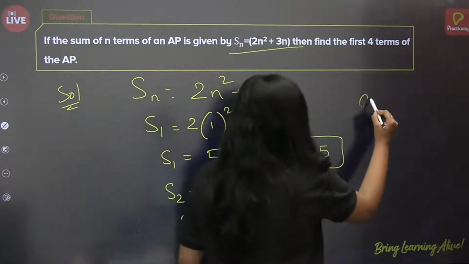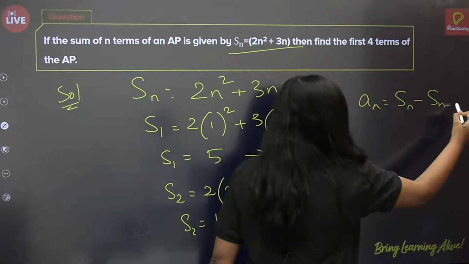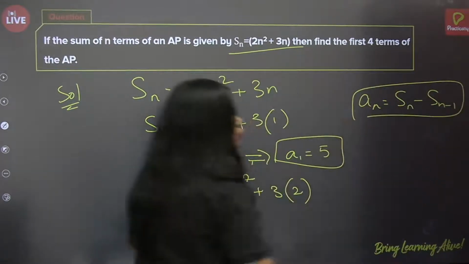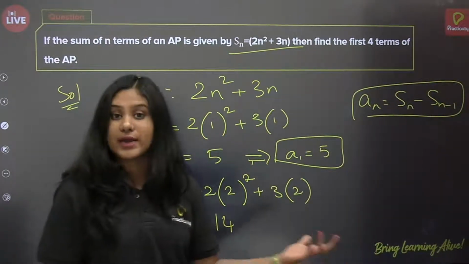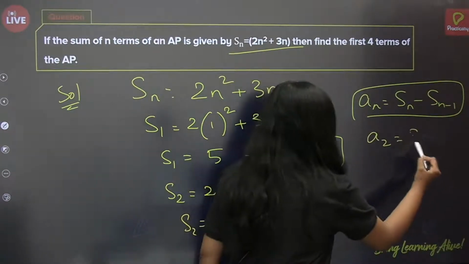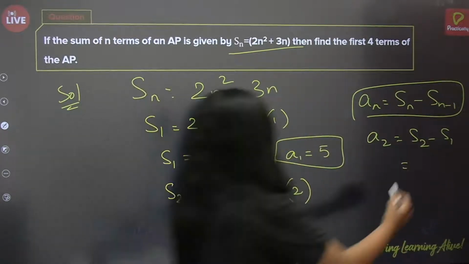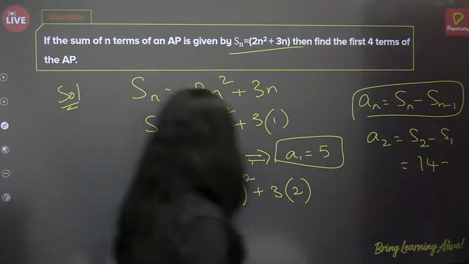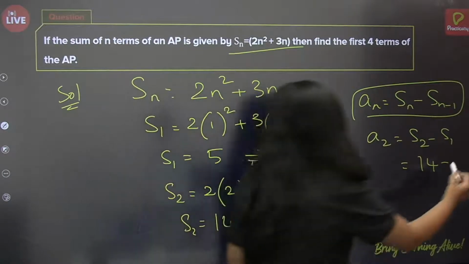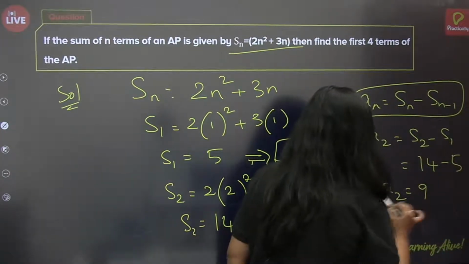We know that An is equal to Sn minus Sn minus 1, right? So, we would be using this formula to find A2. So, A2 equals S2 minus S1. What is S2 here? 14. What is S1 or A1? 5. So, A2 equals 9.